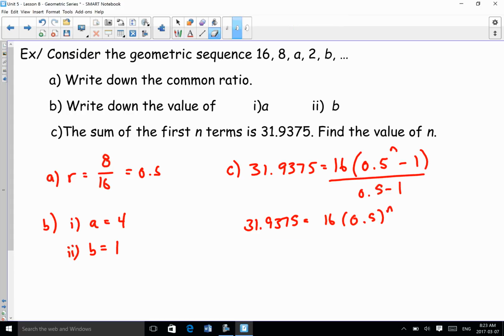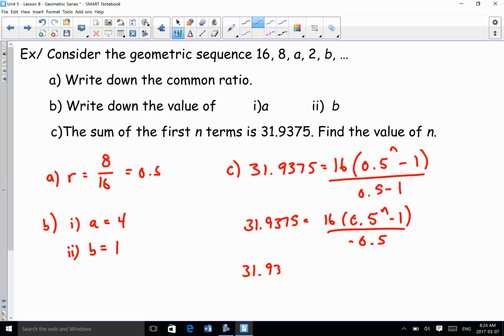0.5 to the n minus 1 over negative 0.5. Now, I can divide the 16 by that negative 0.5, and it'll come out to negative 32. That will make my life a little bit easier.